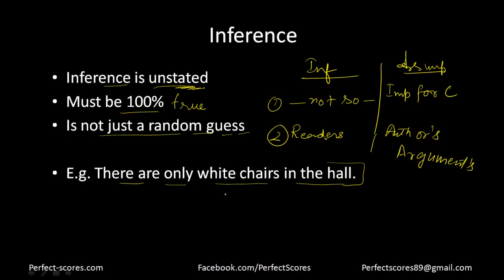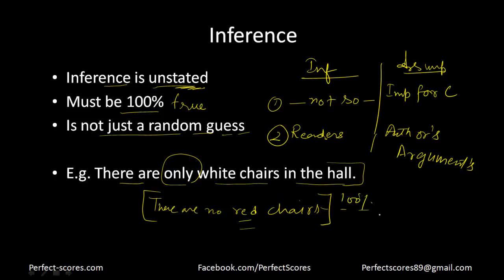What would be an inference is that there are no red chairs in the hall, or there are no yellow chairs in the hall, there are no green chairs, there are no black chairs. How do we know that we are 100% sure? Because of this word only. So all this information is not mentioned, but at the same time it is 100% correct and it is unstated and it's not a random guess.